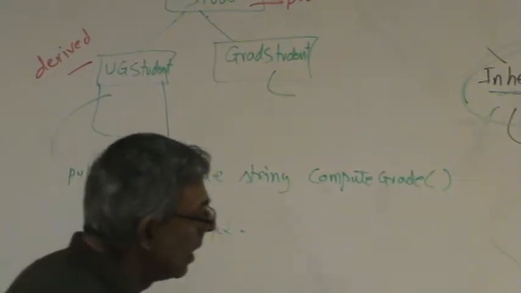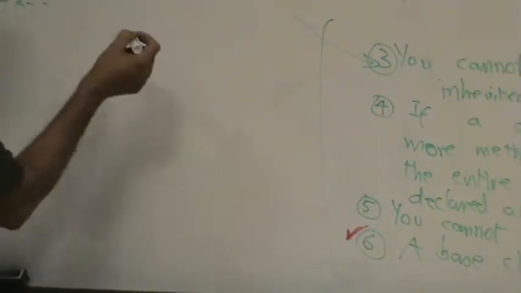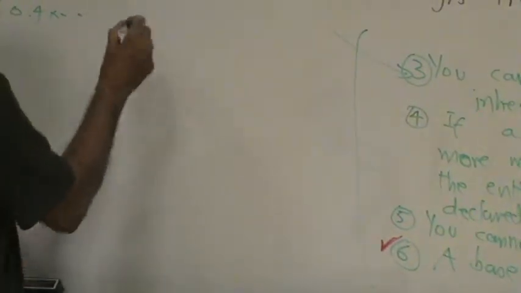So a related rule, I mean it's not a separate rule, but this is special to C#.